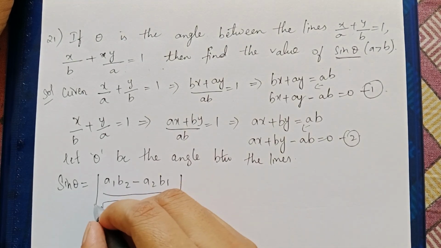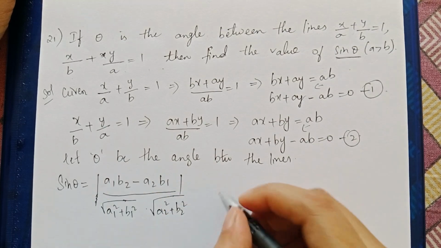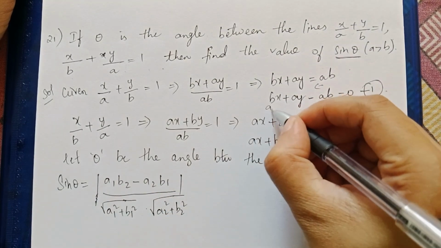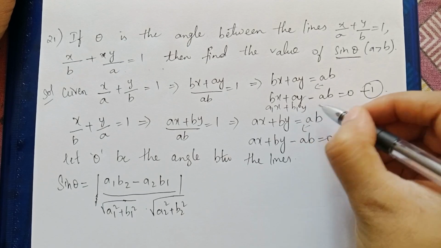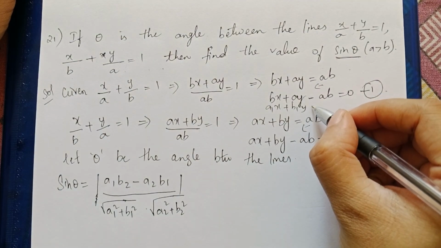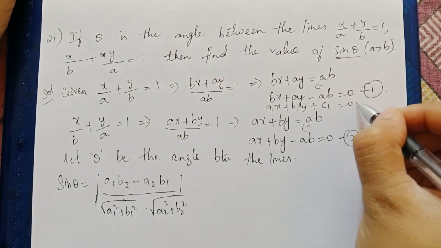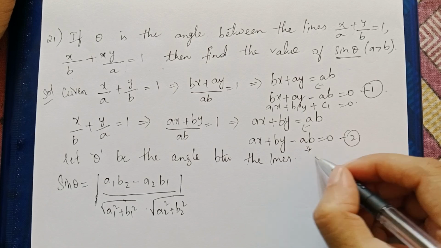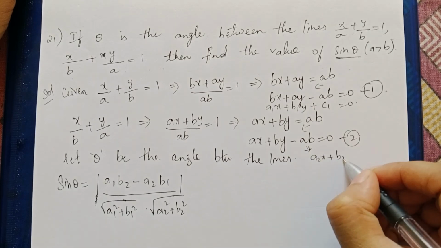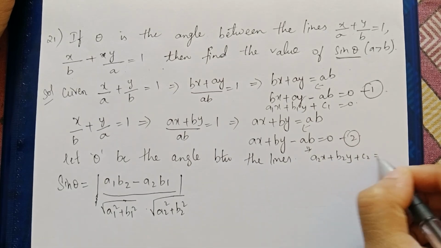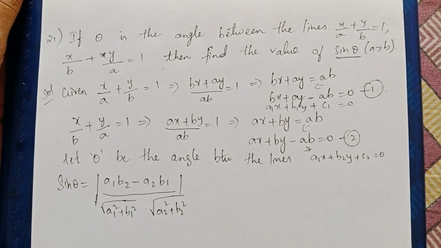So this mod only to the numerator side, okay? This is in the form of a1x + b1y + c1 = 0, and this is in the form of a2x + b2y + c2 = 0.